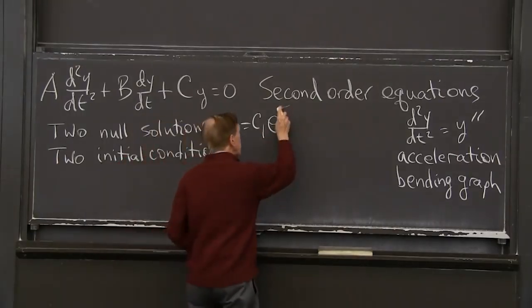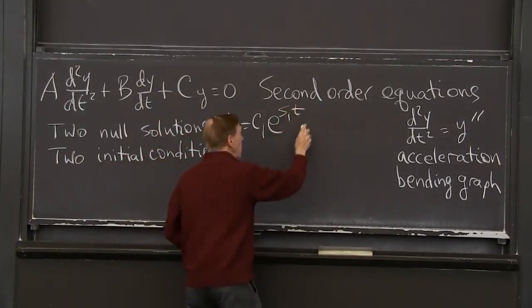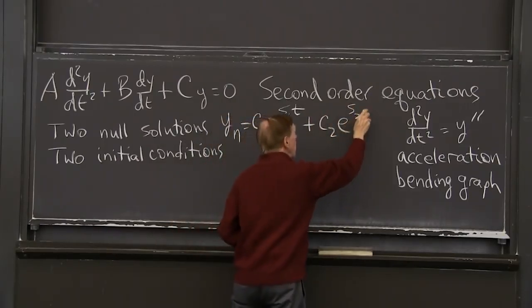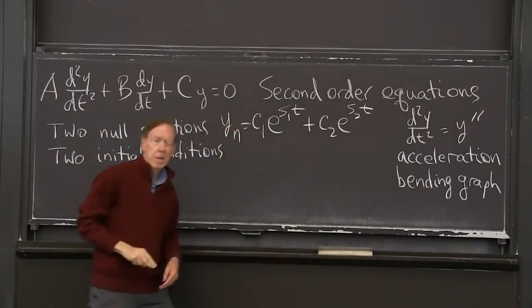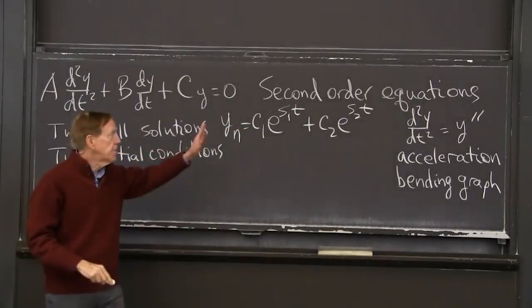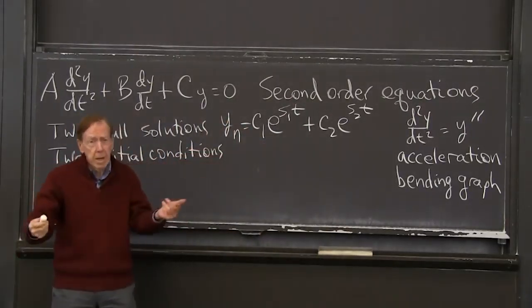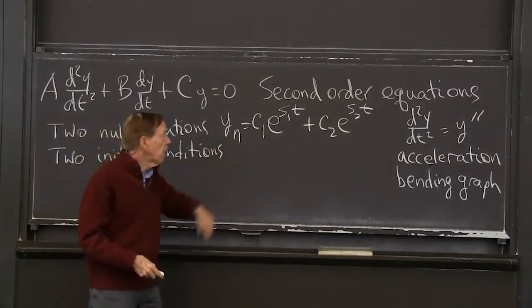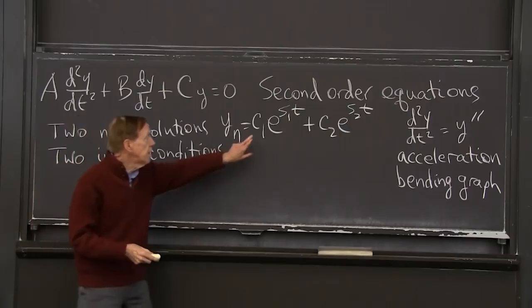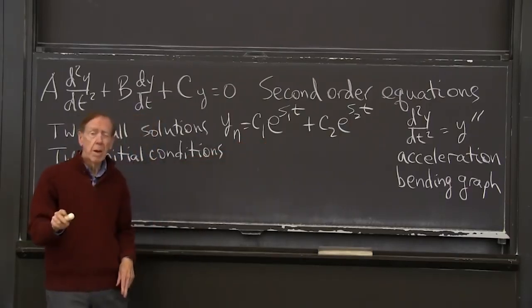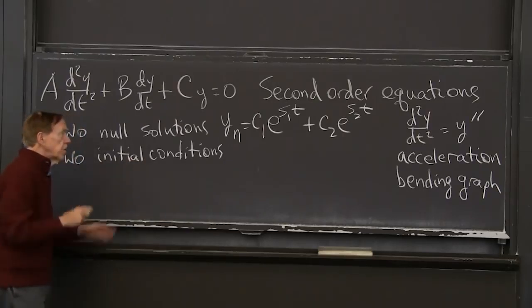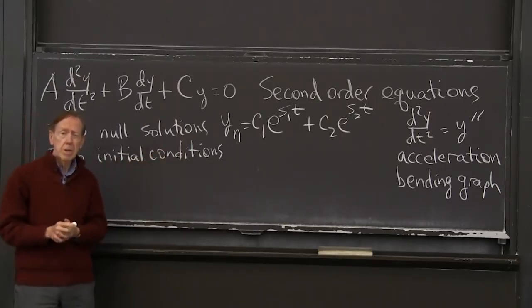So e to the s1 t, and another one e to the s2 t, hopefully a different exponent. Sometimes if s1 equals s2, that'll be a special case and we'll have a slight change. But this is typical. So we have two constants, C1 and C2, in the null solutions, and we need two initial conditions to determine those constants.